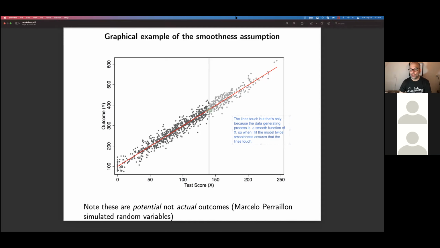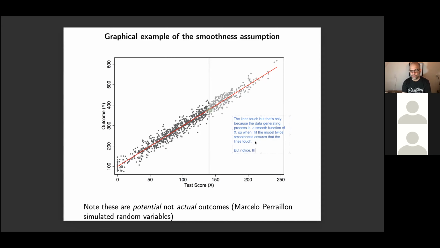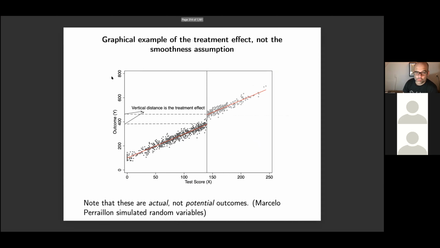But notice, this is potential outcomes. We need potential outcomes to be smooth, not actual ones. These are actual outcomes. So remember, smoothness was here. It was this stuff.